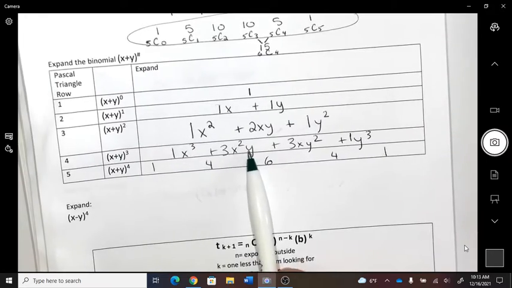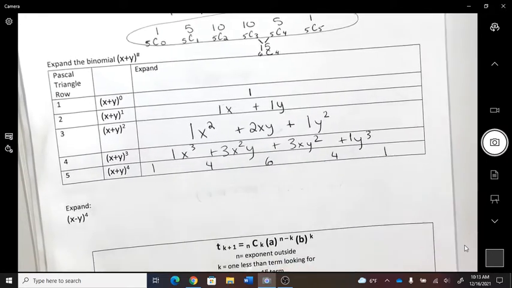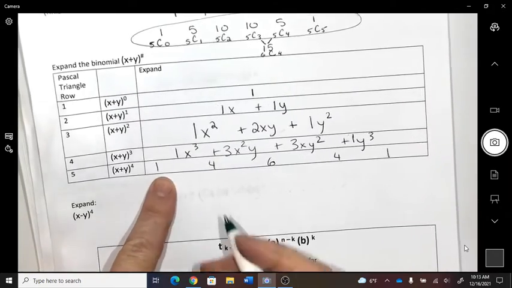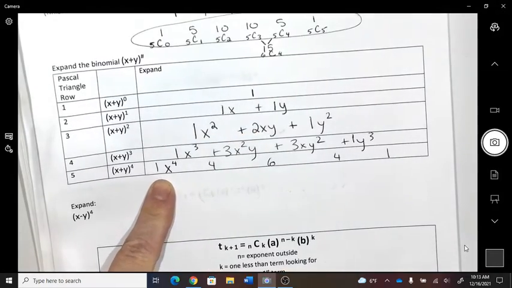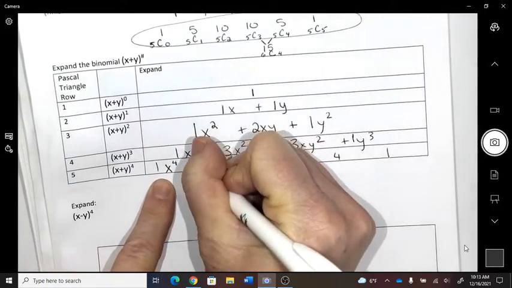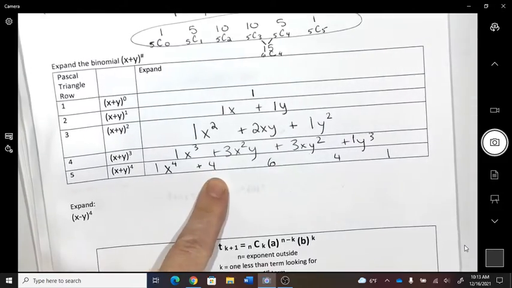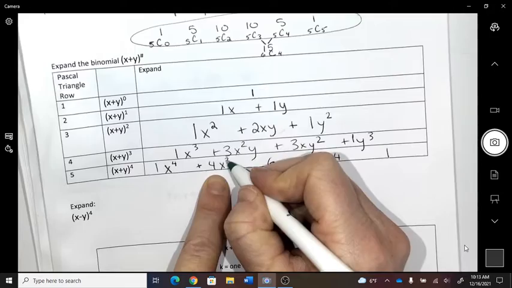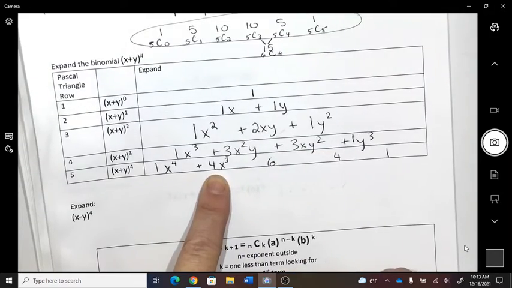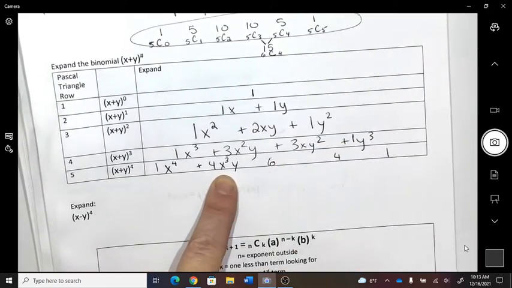No y's, 1y, 2, 3. Okay, so this is going to be 1x to the 4th. That's it. Plus 4, we got to go down an x, up a y.